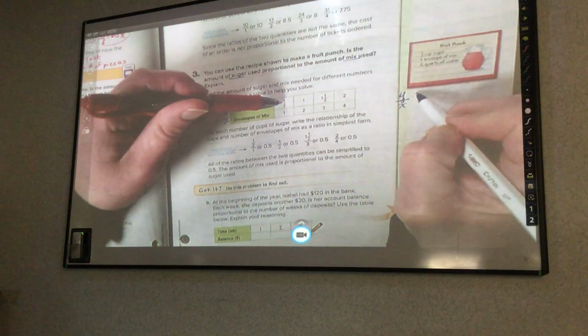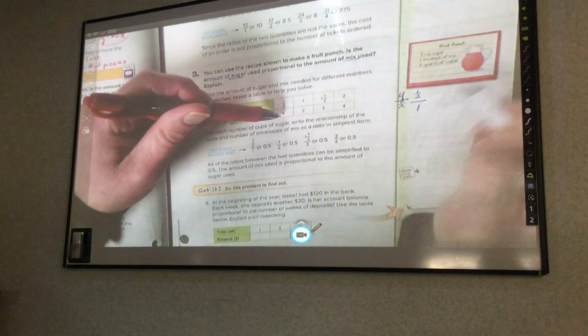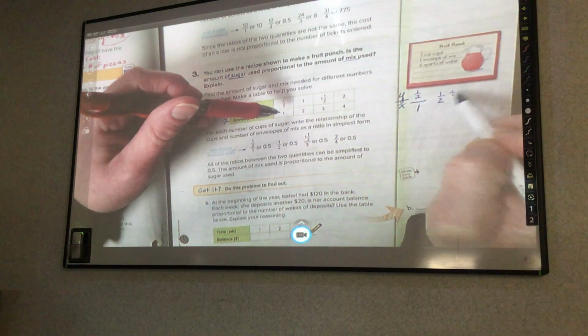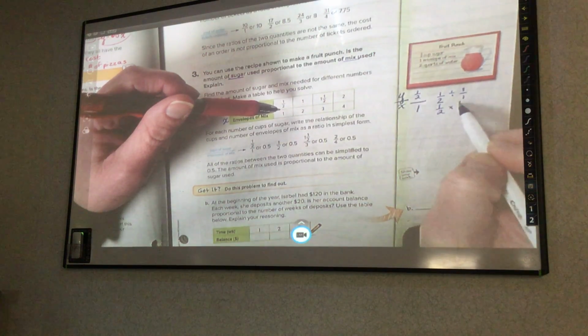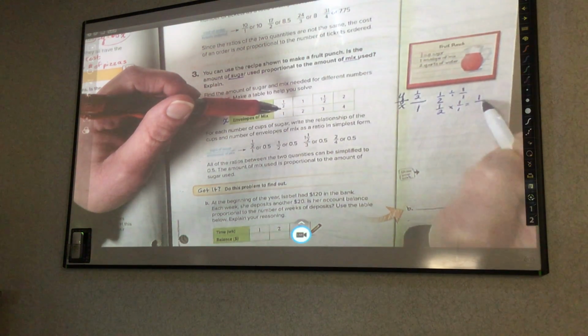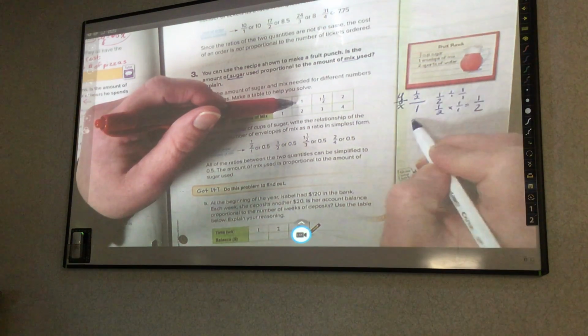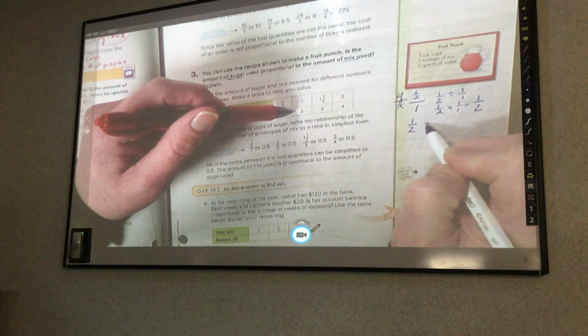Y is 1/2 over 1. That's showing me you have to do 1/2 divided by 1 over 1, which is 1/2 times 1 over 1, which is 1/2. Go to the next one. Y is 1 over x is 2, which is 1/2. So that just equals 1/2.